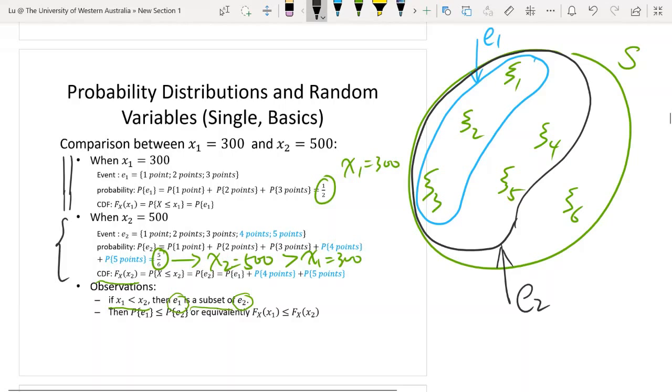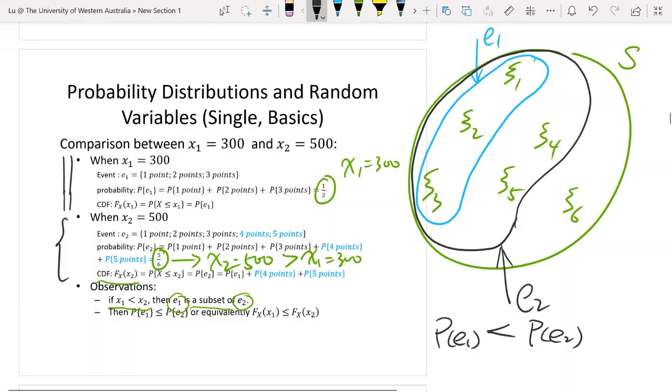And when you evaluate the probability of these 2 events, because E1 contains fewer elements than E2, the probability gets smaller. So we can say the probability of E1 event is smaller than the probability of the E2 event.